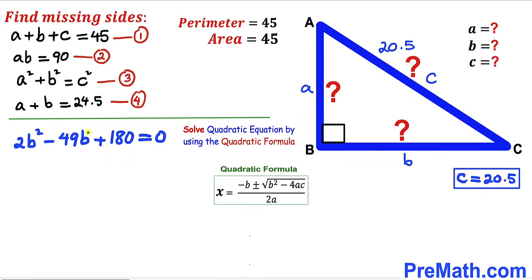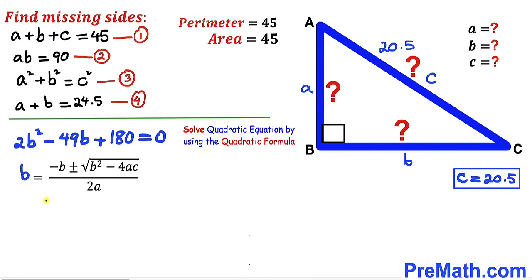And please bear in mind that don't confuse this B and this B. They are two different things. Let's go ahead and fill in the blanks in this quadratic formula.